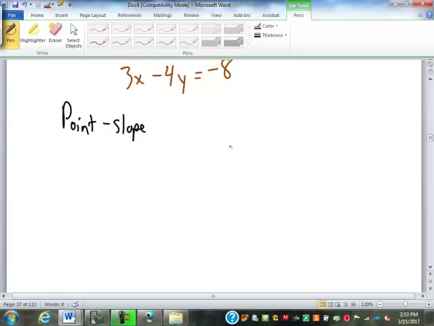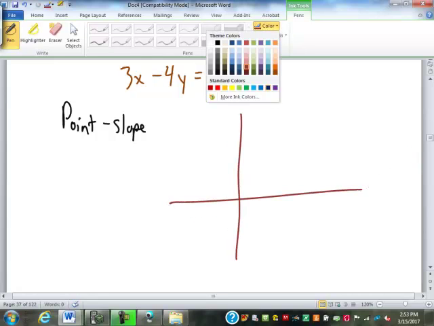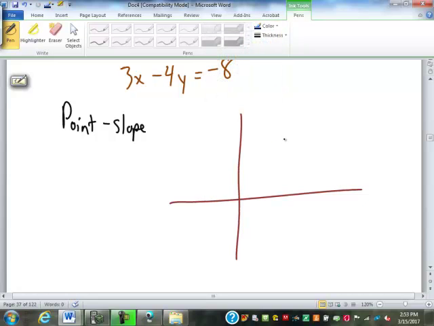What the point-slope form does is it says, I can graph any line by starting at a point. If I say that the graph goes through the point 7, 3, so that's 1, 2, 3, 4, 5, 6, 7, 1, 2, 3.